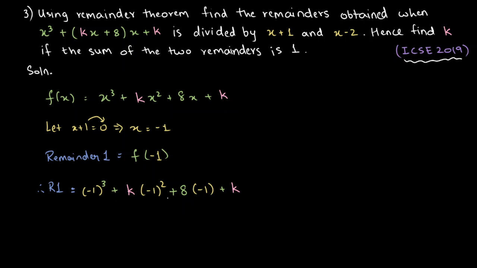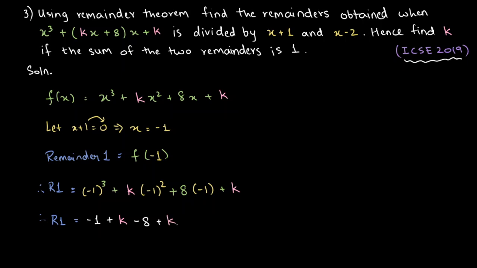Okay, so let's just simplify this a little. I can say therefore r1 is equal to minus 1 cube, which is basically just minus 1. k into minus 1 square will leave me with plus k. 8 into minus 1 is minus 8 and plus k again at the end.